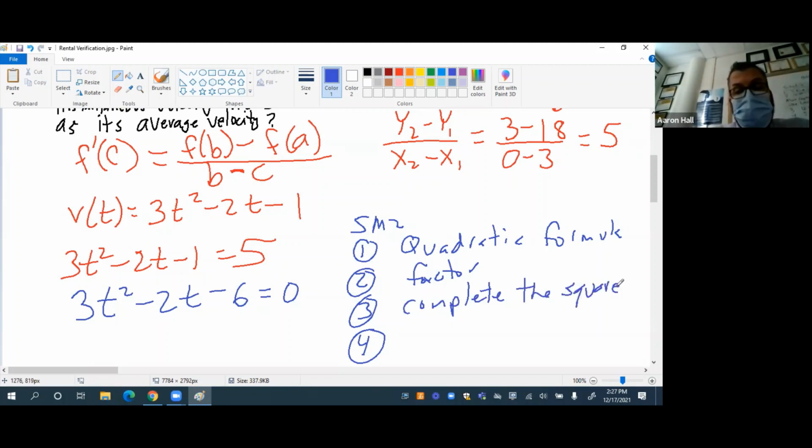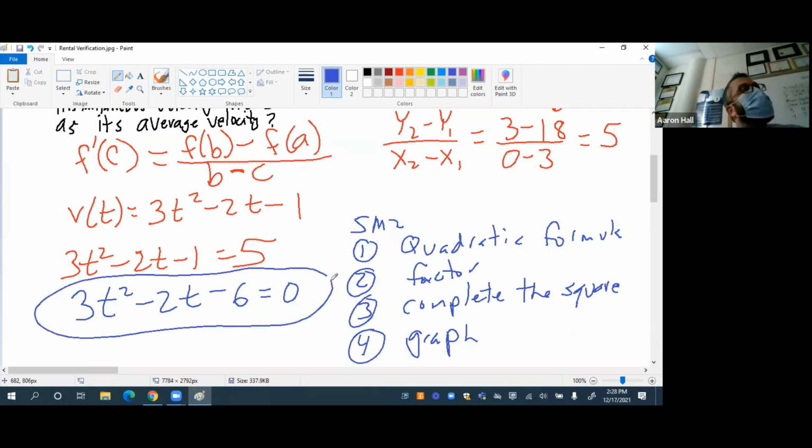or we can graph. If I want to graph this, how would I do it? Desmos, but how would I plug that into Desmos?